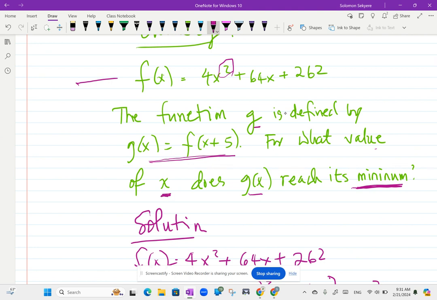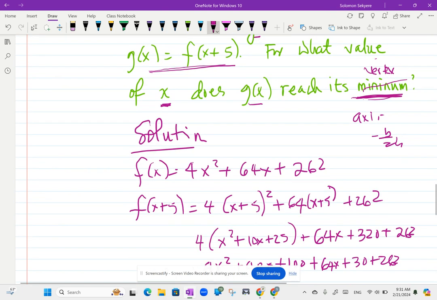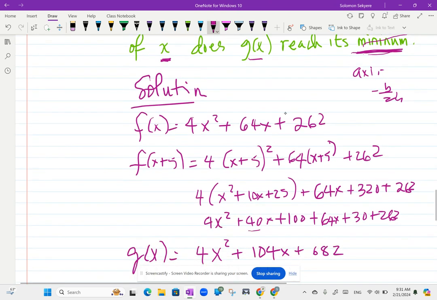The x value at the vertex is the axis of symmetry, which is minus b over 2a. You can get this done pretty quick. The main thing you have to do here is make sure you do the x plus 5 right. That's critical. F of x plus 5.